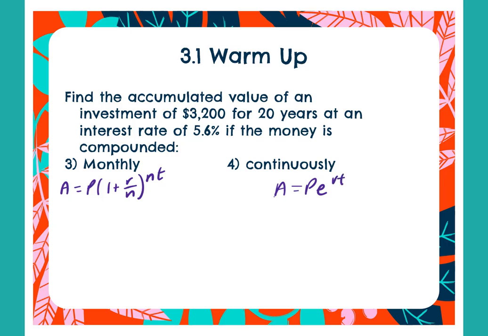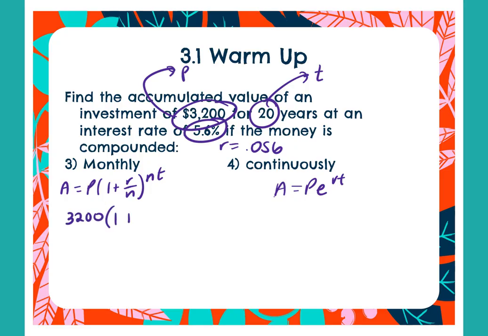Your 3,200 is your P. 20 is your t. 5.6% is your percent, which means rate is 0.056. You got to move that decimal twice. So then I would do 3,200 times (1 plus 0.056 over 12, since monthly would be 12) raised to the 12 times 20.